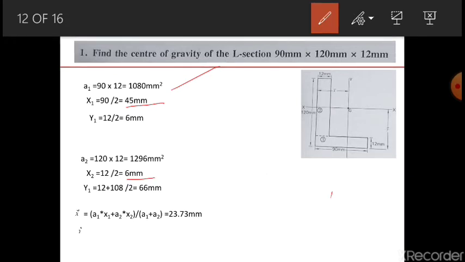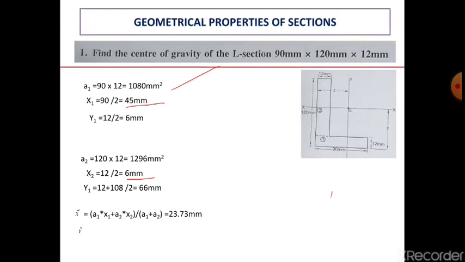Okay, and next will be y bar, that is A1 y1 plus A2 y2 by A1 plus A2. It is area of the first object into the y distance plus area of the second object into y2 distance, by the sum of the area of the objects.